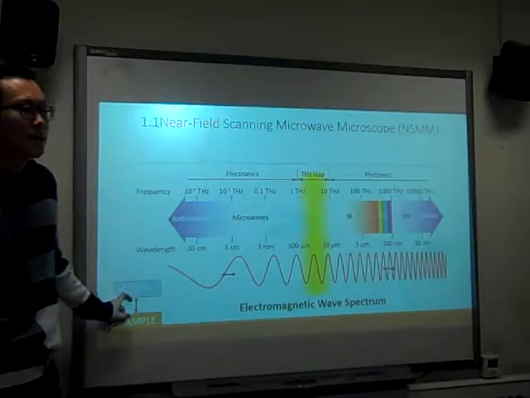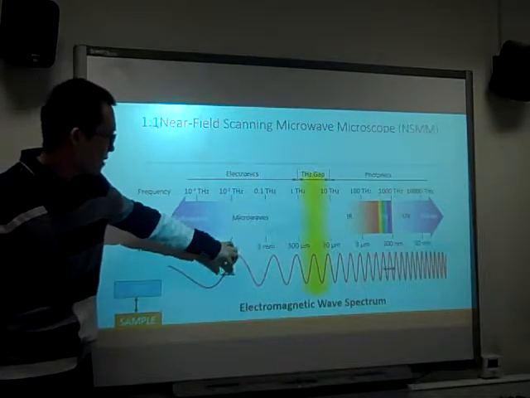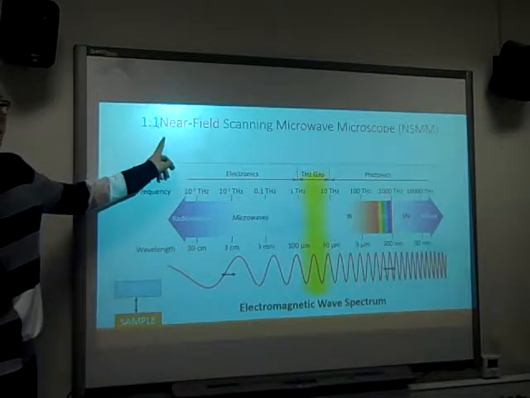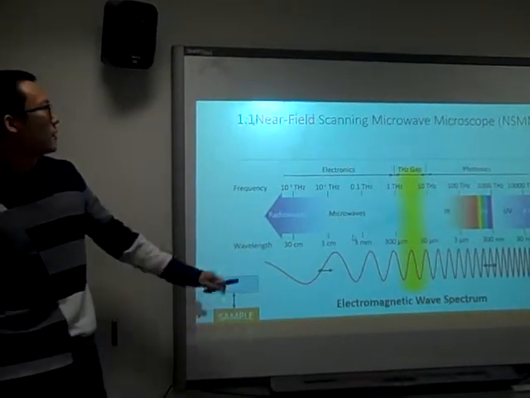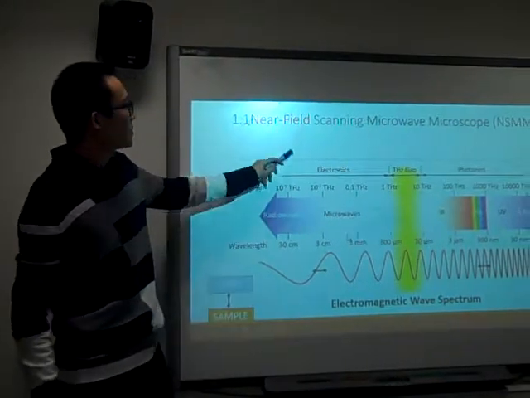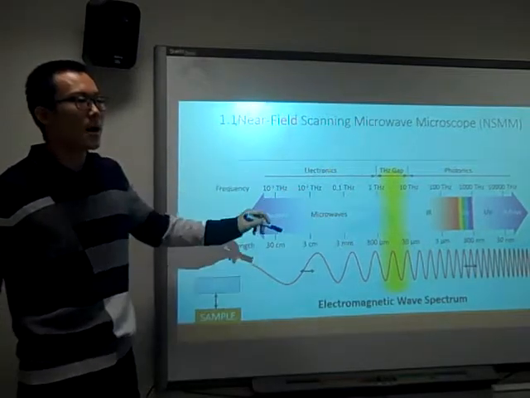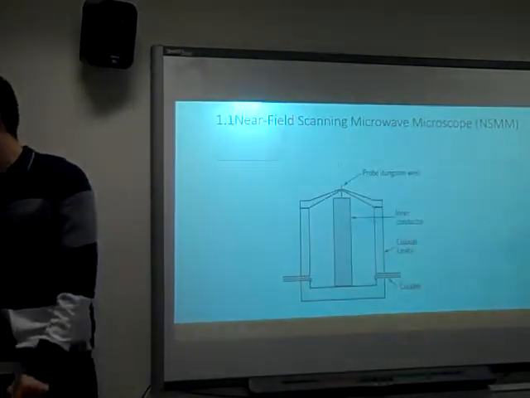The near field can be defined as the observation distance being much smaller than the wavelength. So this is called near field. And normally, near field in a microwave microscope is about 0.1 millimeter or less than that.